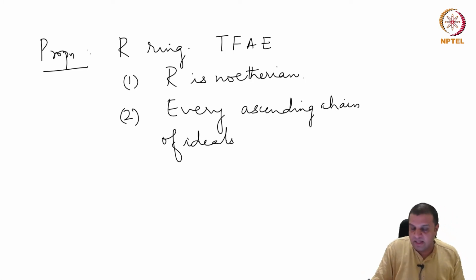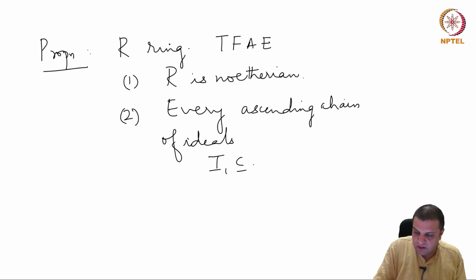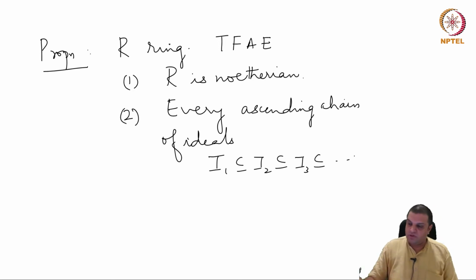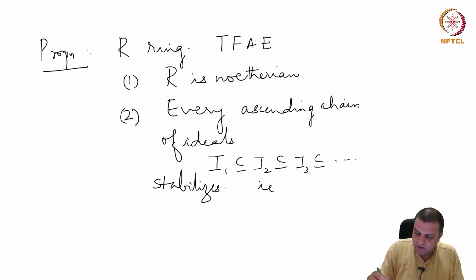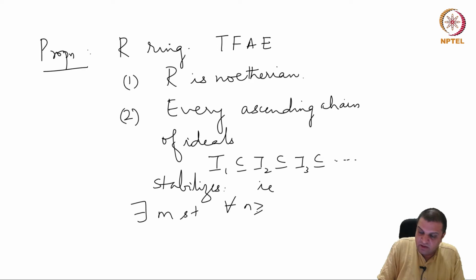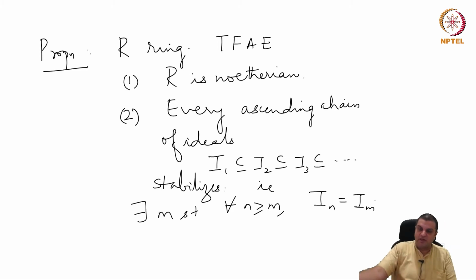So what do I mean by an ascending chain? I1 inside I2 inside I3 and so on. So it's a chain ascending by inclusion, and it stabilizes. That is, there exists an M such that for all n greater than or equal to M, the nth ideal is the same as the Mth ideal. So after a while, it's the same ideal that repeats ad infinitum.